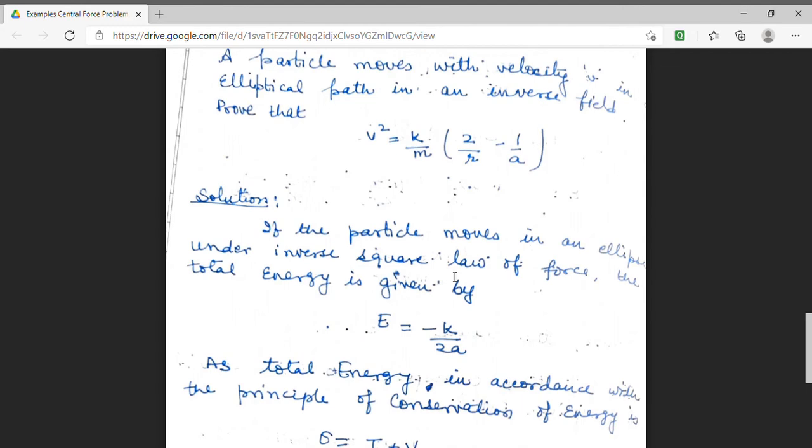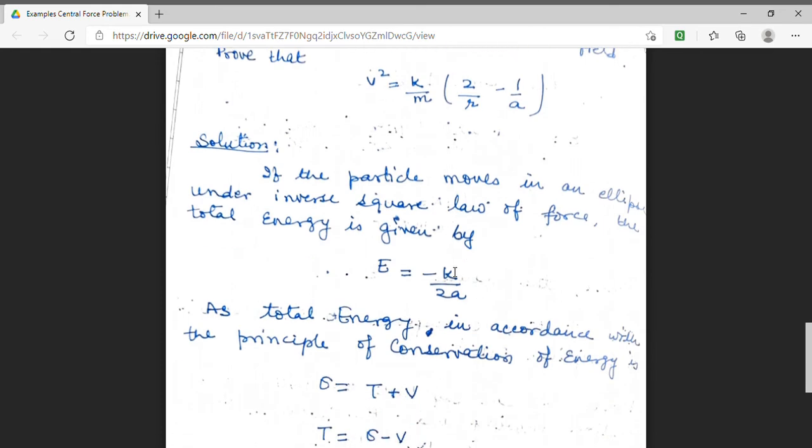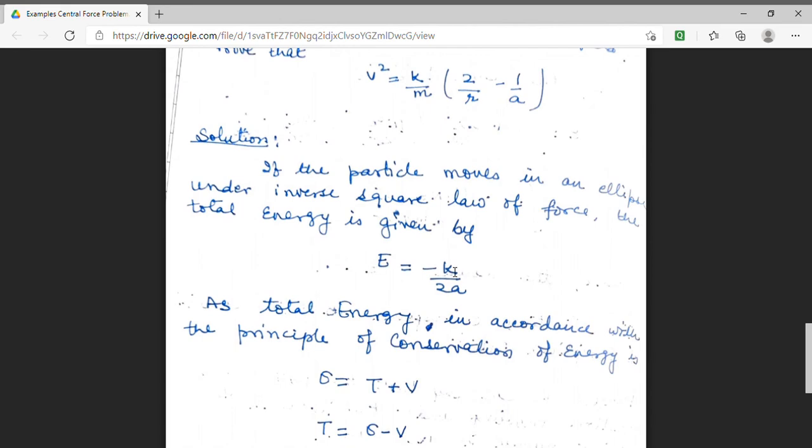So in order to solve my problem, I am assuming that this particle which is moving with velocity v is moving in the elliptical path under the influence of the inverse square law of force, and we have energy minus k upon 2a, a being the semi-major axis.